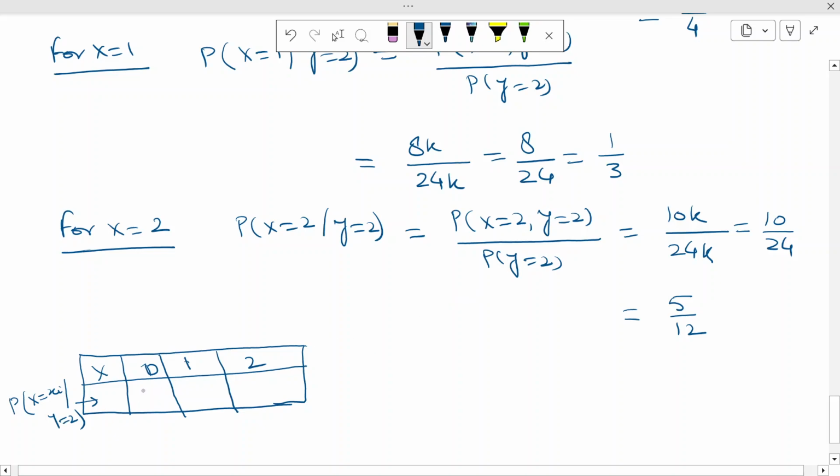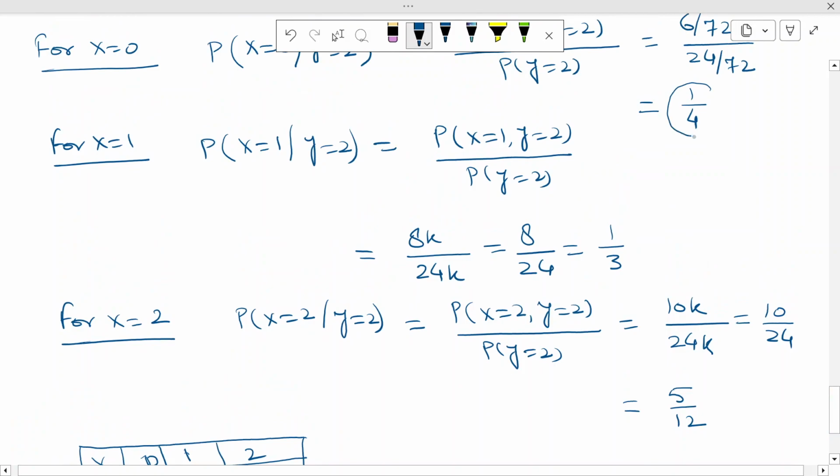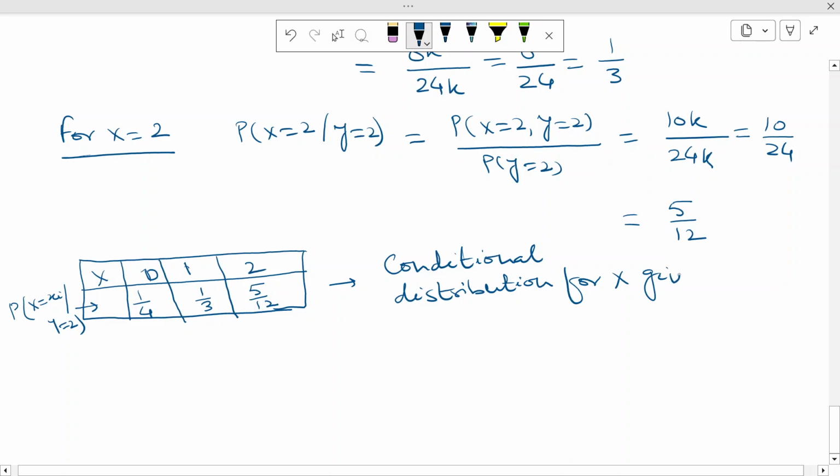For x equals 0, the conditional probability is 1 by 4. The first entry in this row is 1 by 4, the second entry is 1 by 3, and the last entry is 5 by 12. So this is the conditional distribution for x given y equals 2.